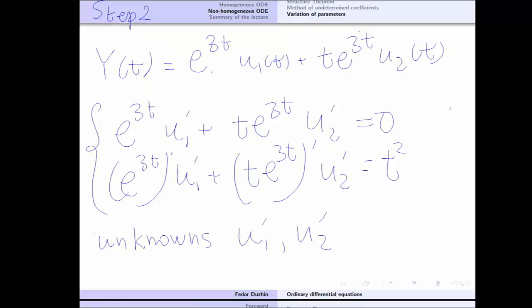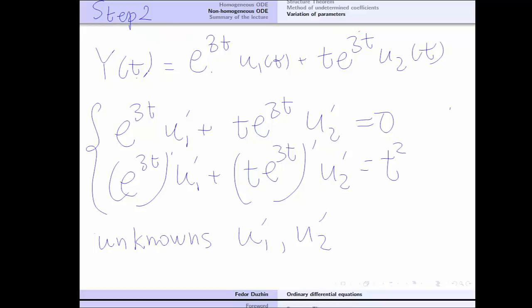We can solve it, and then we get an expression for u1 prime and u2 prime. It is going to be a combination of some functions of t, and then the original functions u1 and u2 can be recovered by integration. So that's how the method works.